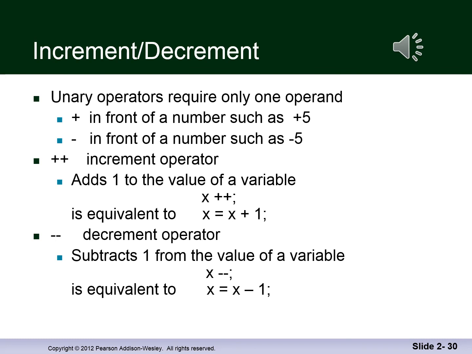The increment operator adds 1 to the value of a variable, and it's kind of a shorthand notation. So if you have the statement x plus plus, semicolon, that's shorthand for x equals x plus 1. The decrement operator subtracts 1 from the value of a variable, so x minus minus, semicolon, is shorthand for x equals x minus 1.